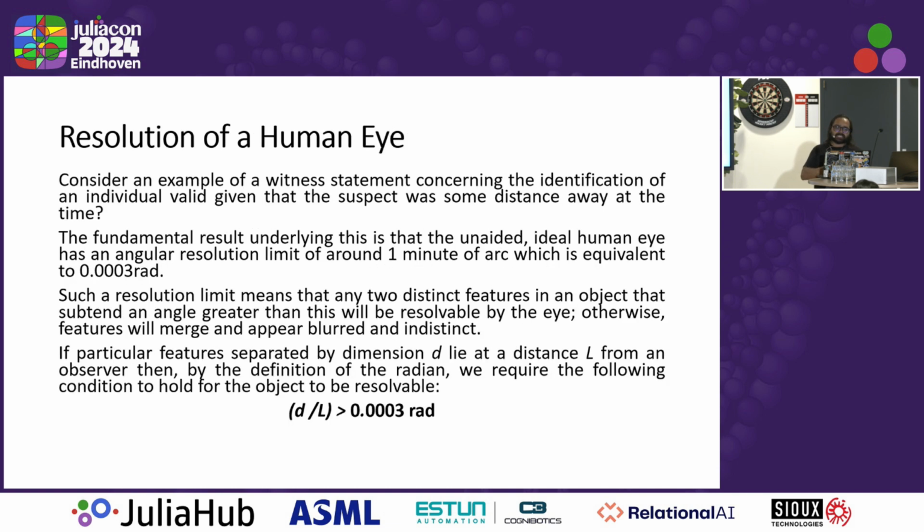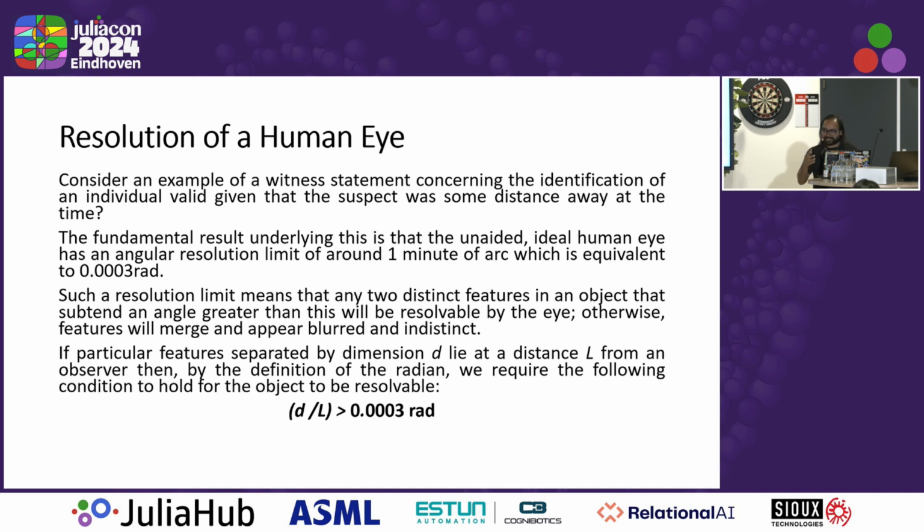Then similarly, there is something called the resolution of the human eye. Consider an example of a witness statement concerning the identification of an individual, and whether it is valid given that the suspect was some distance away at the time. We might have watched in several movies an advocate ask a witness, do you recognize this person?